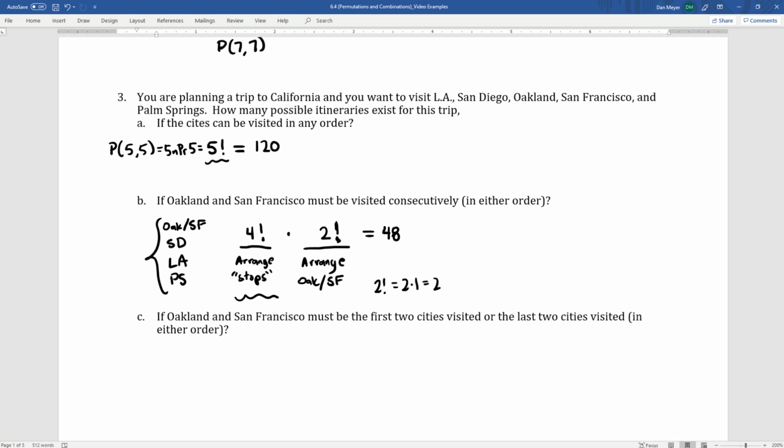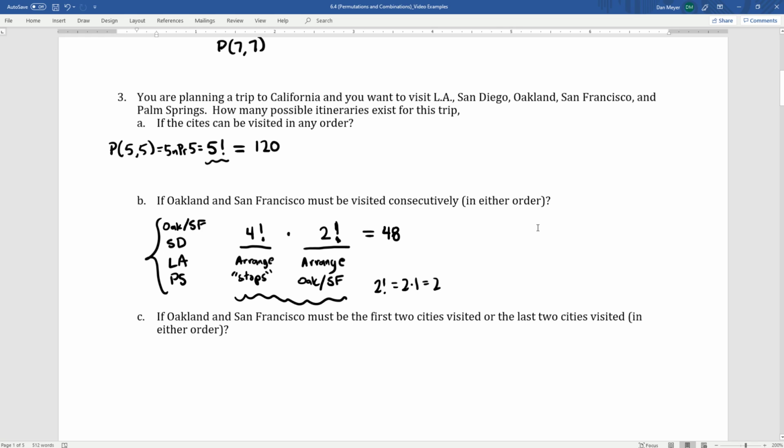Now that's the clever idea that we maybe wouldn't expect you to come up with on your own. Although I think a lot of students, if we gave you 3 hours to figure it out, would stumble across that. But now that you've seen that, you can start to think about using this idea: if we lump some of these things together in our selection set, and think of a smaller number of things where we arrange those things and then arrange each of the individual groups.